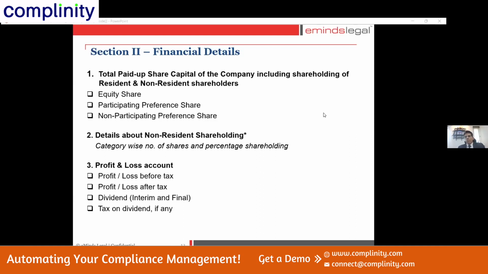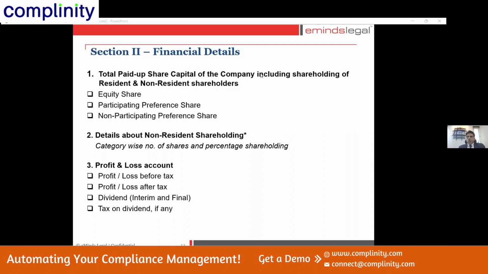Which means they participate in the surplus profits and surplus reserves. Non-participating preference shares do not have any of these rights, so they are categorized differently. We'll understand more once we move ahead.